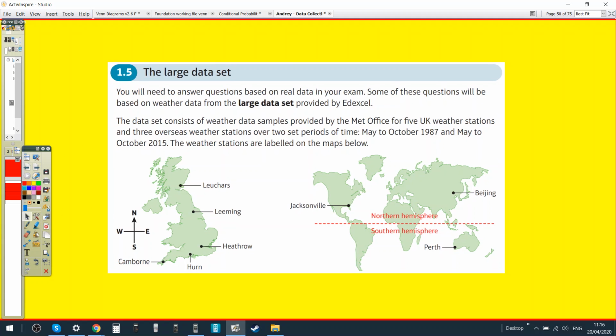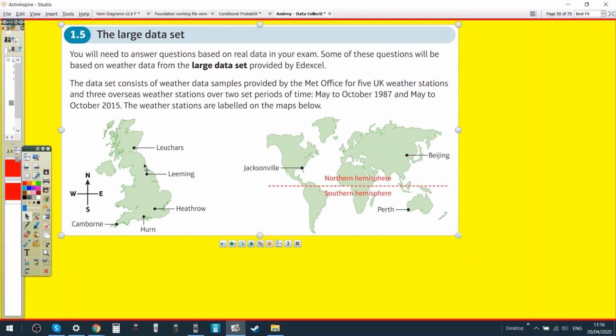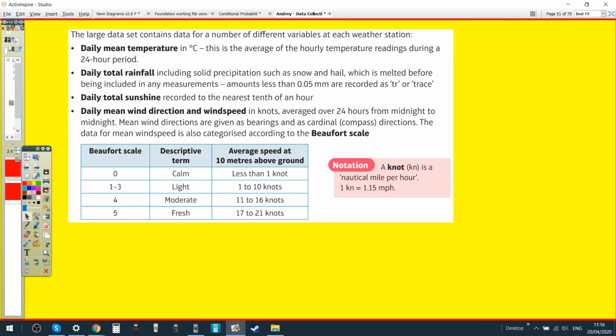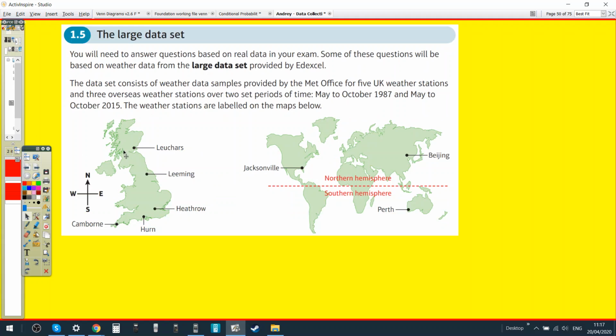Okay, the large data set. So exam stuff changed, and so now you have to use real world data, and so this is based on weather data. So this might be the first time you've seen it.